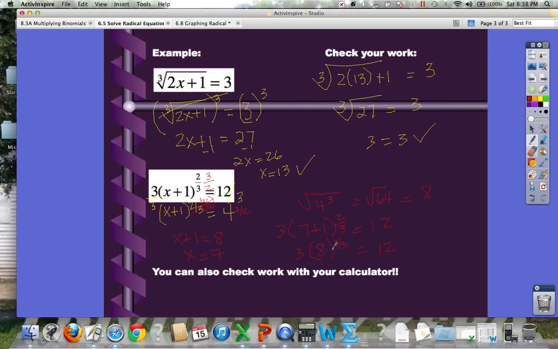Now remember, you have to do your exponents first, so you do 8 and then raise it to the 2/3, and you have to use the parentheses for the 2/3, okay? Otherwise it won't do it right. Then you times that by 3, and that gives us 12. So yes, this is 12 equals 12, which is true.